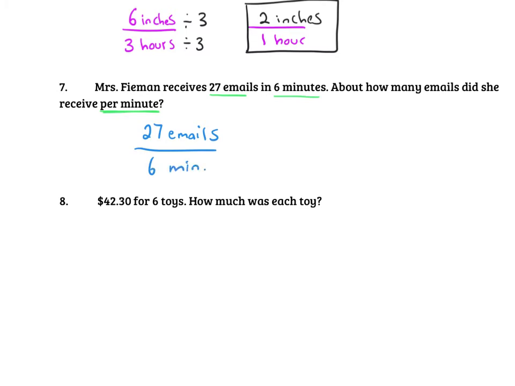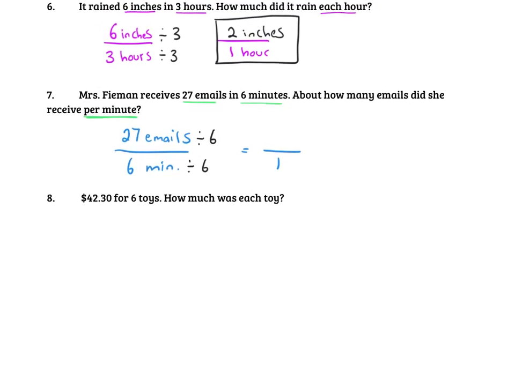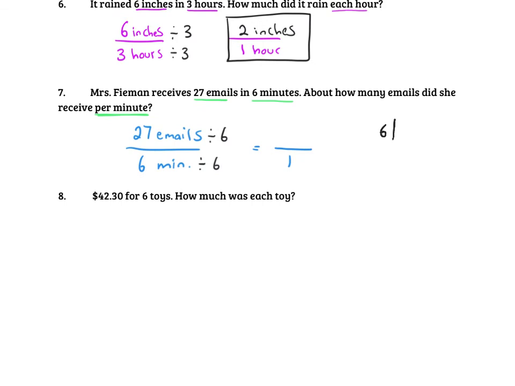And if it's per minute, I need to get it to 1. How am I going to get it to a denominator of 1? 6 divided by 6. So I'm going to do 27 divided by 6. I could do my math just like this. You go ahead and divide and put in how many emails per minute Mrs. Feynman got.